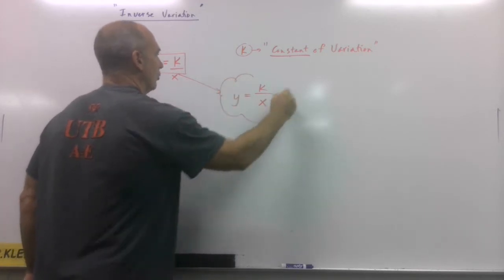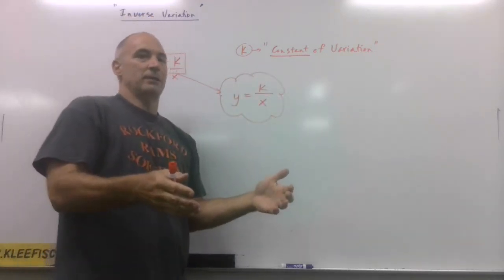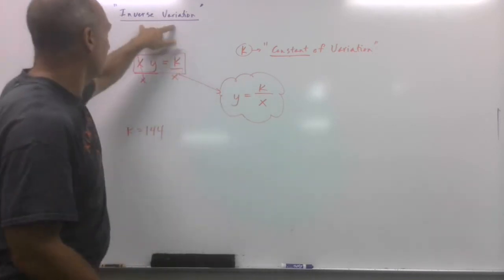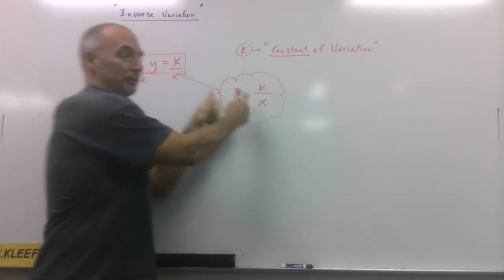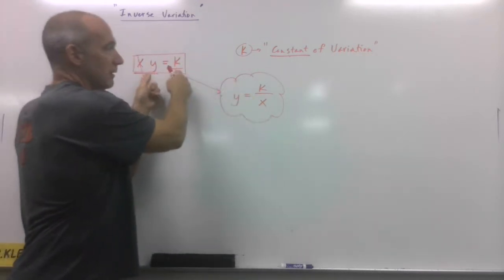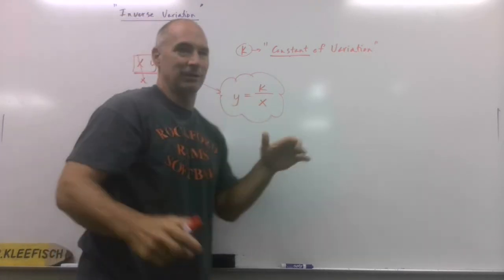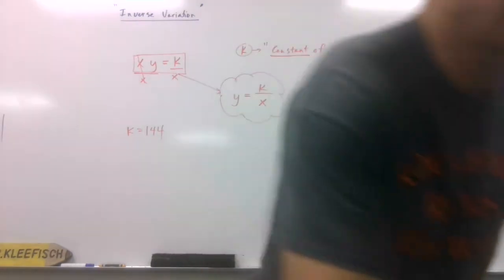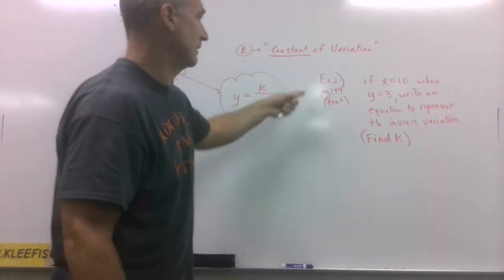When they ask you to find the formula that indicates the inverse variation, this is what they're going for, even though it's built off this. So don't panic. It's the same thing, but this is what they want. So with that being said, let's try a sample problem and see how this works. Some of your homework problems are going to be just like this.